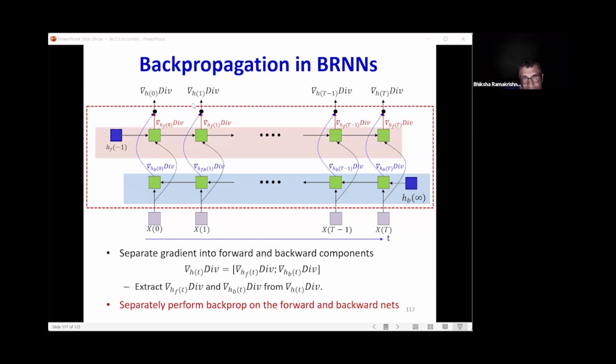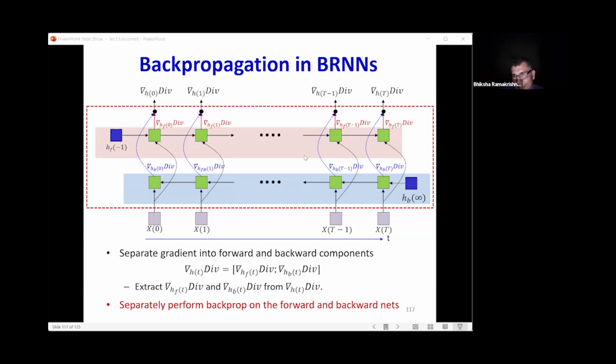Because the first 3 components of the output were from the forward layer, and the last 3 were from the backward layer. And so I can just separate out the first 3 components and pass them here, and the last 3 components and pass them here. And so now I have the derivatives of the divergence with respect to the outputs at each time for both the forward and backward blocks.